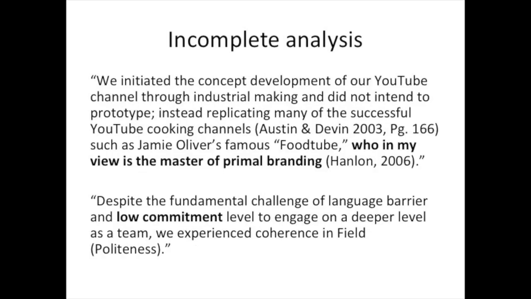In this next example, there are also some interesting observations and missed opportunities for demonstrating understanding and engaging with the theory. So in the first of the quotes, it is claimed that Jamie Oliver's food tube is a master of primal branding.